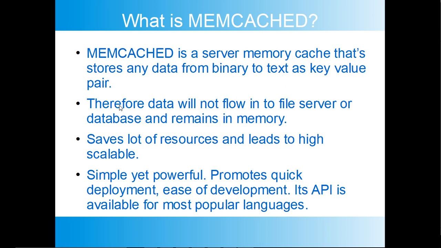Then the other point is, therefore data will not flow into the file server or database and remain in memory. This means in a conventional application we use files to store data, and we frequently read the file and get the data.